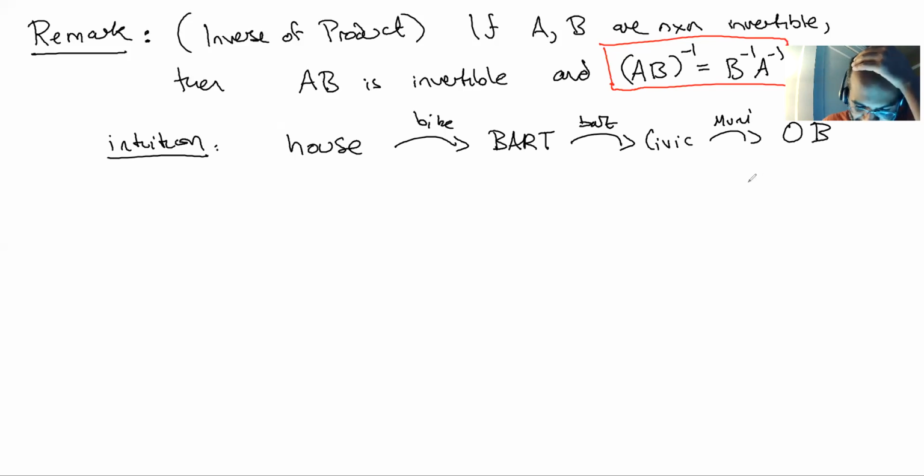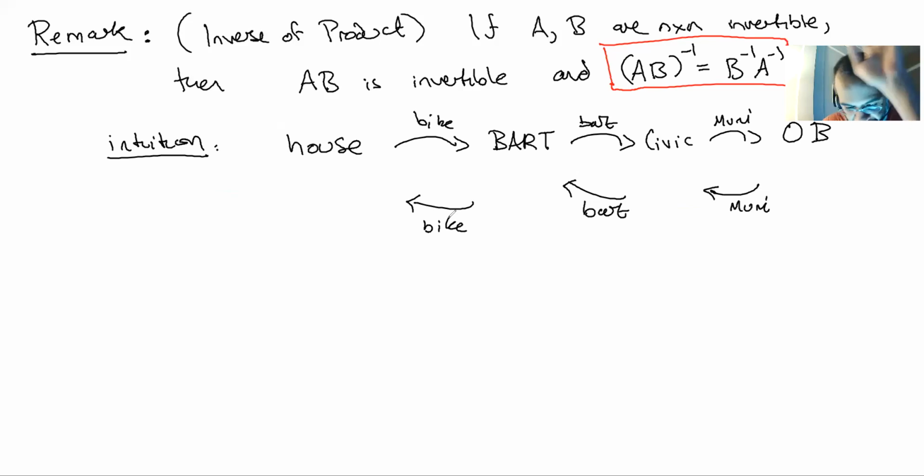But if I want to go back, I have to do these things in the reverse order, right? So the intuition is when you reverse a sequence of processes, you have to reverse the order. So it makes a lot of sense, actually. That's the other thing to remember about inverses that's different from inversion of numbers, for example. Any questions about that?